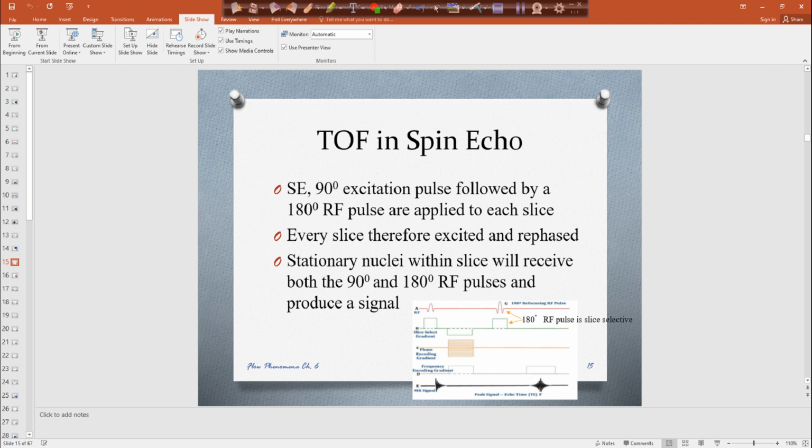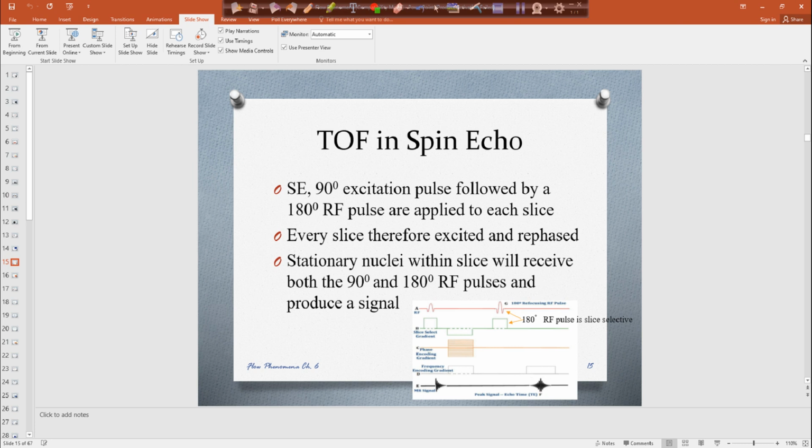And then we sample our signal with our frequency encoding gradient, which is also called what? Readout gradient. All right, starting to come together. See how this 180-degree refocusing pulse is also slice selective, meaning those flowing nuclei have to be within that slice to get rephased appropriately.